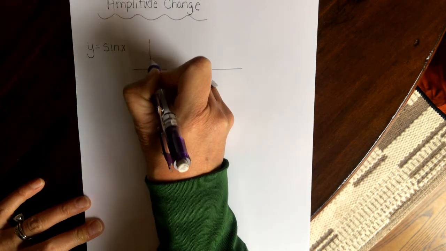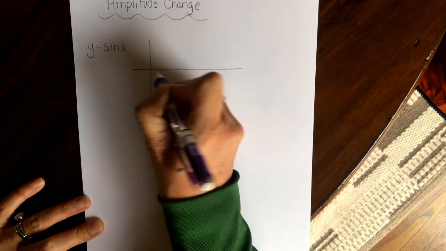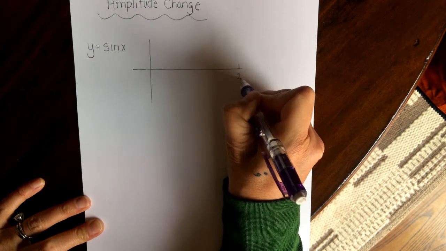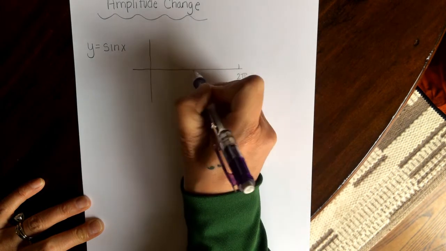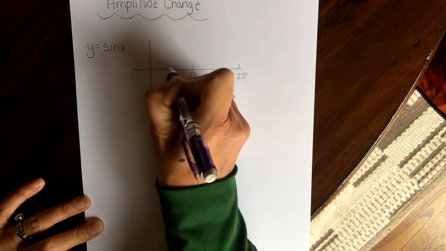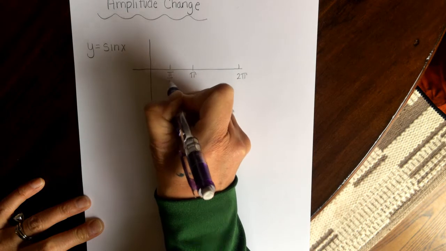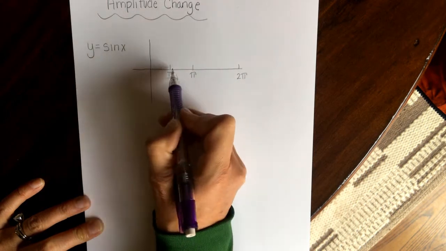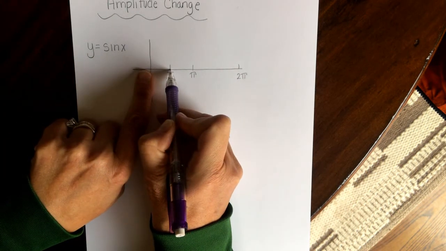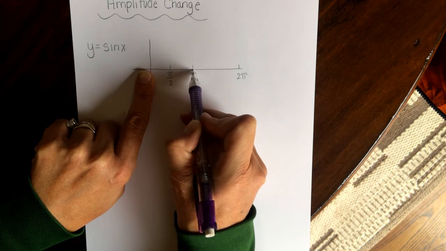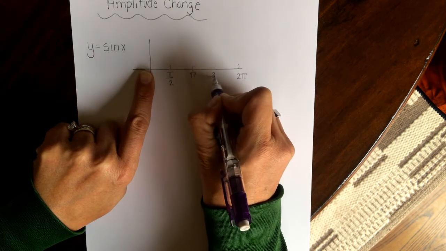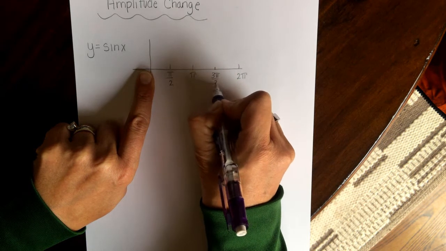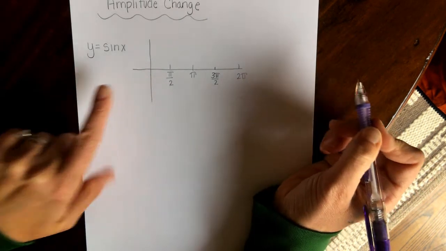And I'm going to remember that the parent function starts and stops in 2 pi, and all of these are in equal increments, so half of 2 pi is pi, half of pi is pi over 2. That means from 0 to pi over 2 is 1 pi over 2. Then I went another pi over 2, so that's 2 pi over 2. Then I went a third pi over 2, and then 4 pi over 2.